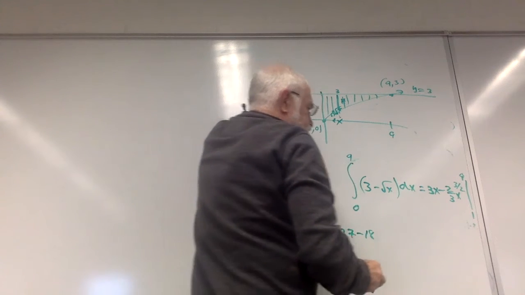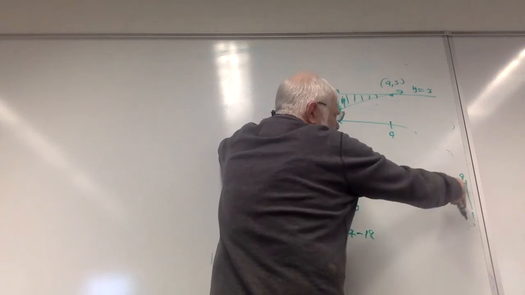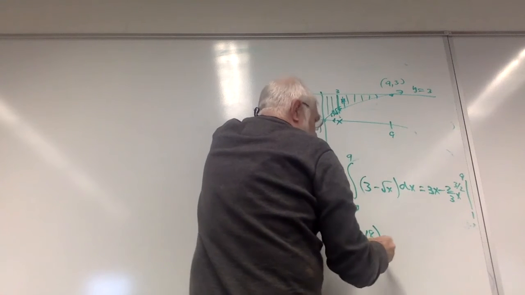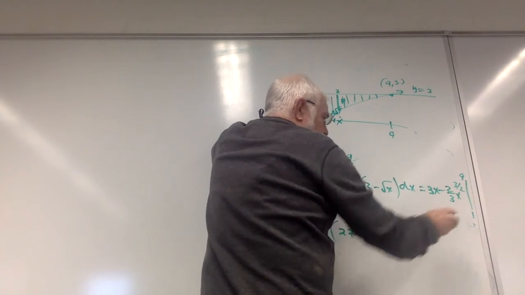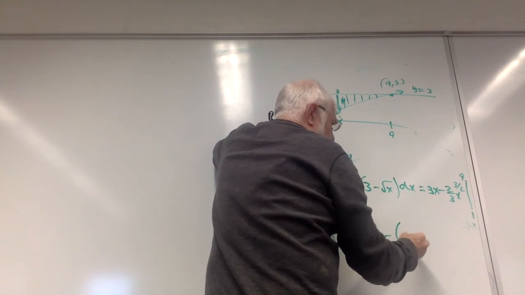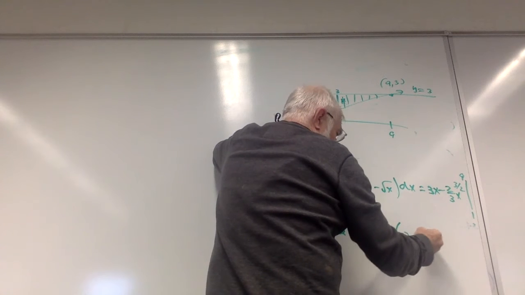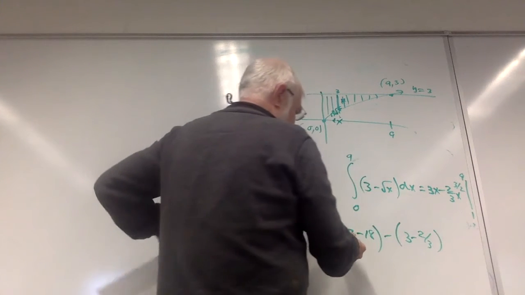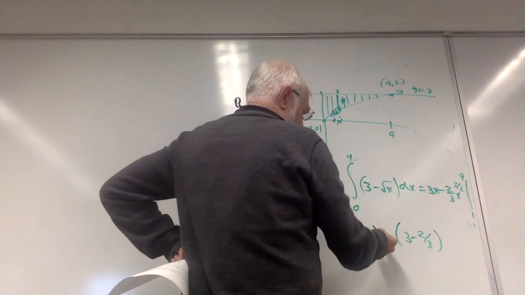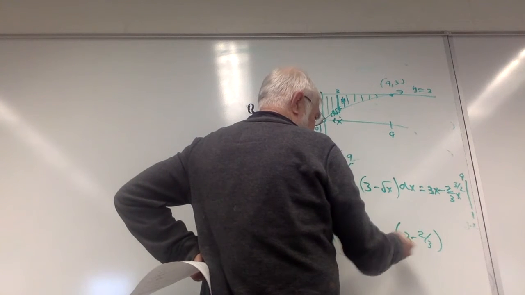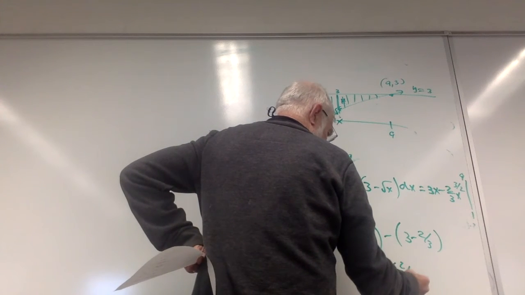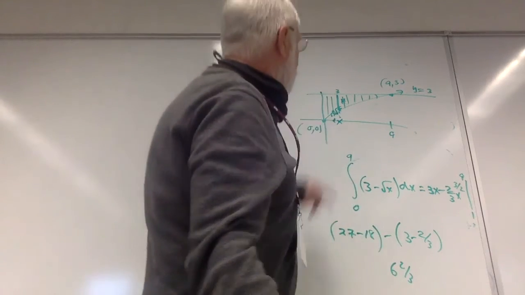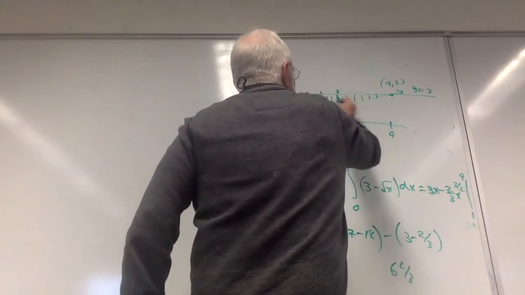Let's check. Yeah, that's 18. 27 minus 18 is 9. Okay, wasn't too bad. That's that area right there.